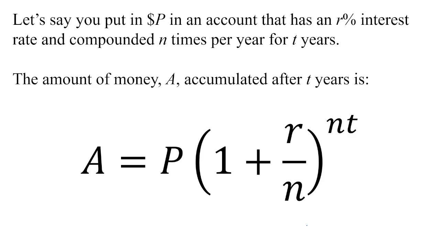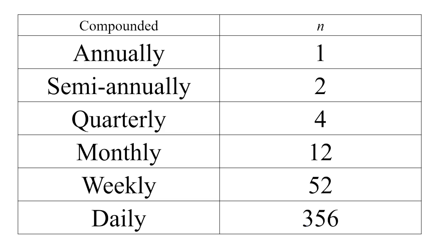Now, there's terminology that describes how many times per year that the interest is compounded. If the interest is compounded annually, that means it's compounded once a year.